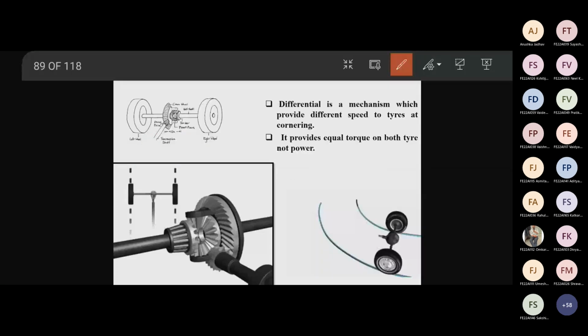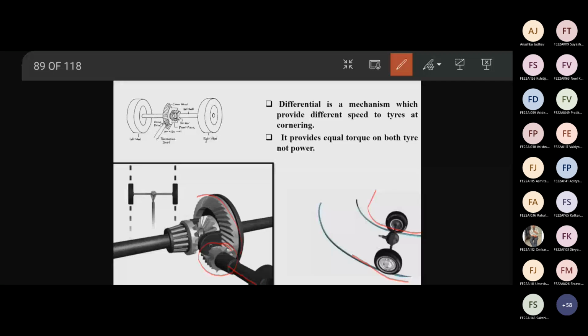See here, when a vehicle is taking a turn, the inner wheel is covering less distance and the outer wheel is covering more distance, right? Now here you can see this is the propeller shaft. On the propeller shaft, this is the pinion, and this pinion is connected to this big ring gear, right?